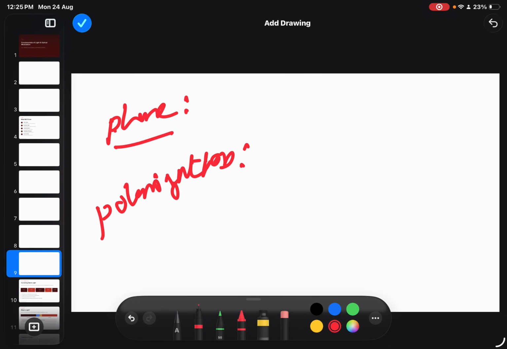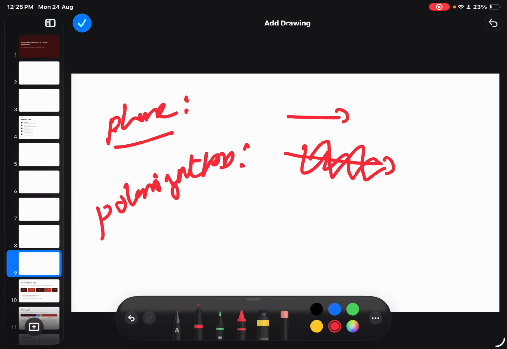Now when we discuss polarization, it is nothing but the orientation of the light wave's electrical field vector. As the light propagates, it has both the electrical component as well as the magnetic component, and the direction of the electric field vector as it propagates is represented by the polarization of the light.